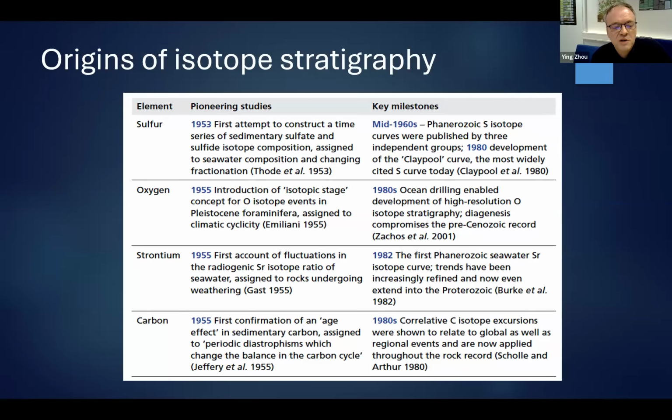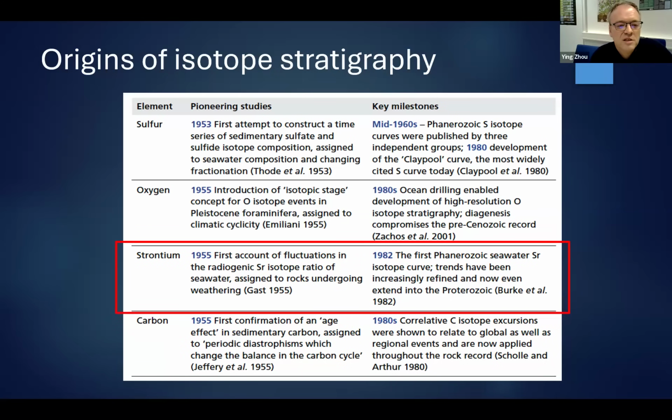There were some early attempts to make a curve, and Peterman et al. 1970 would be a key point in time. But it was in 1982 that we got the first fairly complete idea of secular variation of seawater 87-86 strontium, in a paper by Burke et al. 1982, very much driven by the petroleum industry. From that point on, we could start using strontium isotopes for stratigraphy, for correlation, and also for dating.